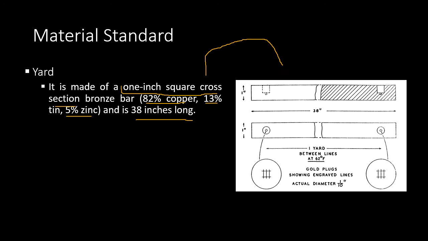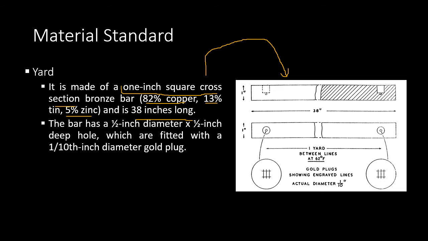The top view and front view of that bar is presented in this image. The bar has a half-inch diameter and a half-inch deep hole at both the ends of the bar.